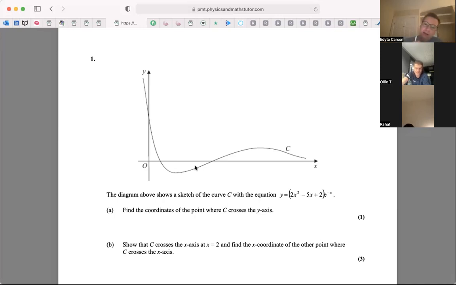And how would we find the other coordinate where it crosses the x-axis? You just put x equals 2 in and use that to find the second solution, how you normally would, right? So what do you mean by normally would?